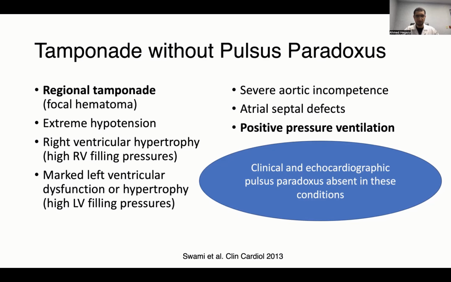And with atrial septal defects, you will sometimes get increased right ventricular filling pressures. And so in these conditions, you may still develop tamponade without having pulsus paradoxus. And very importantly, in patients who are on positive pressure ventilation, you may still have a patient developing tamponade without exhibiting features of pulsus paradoxus.